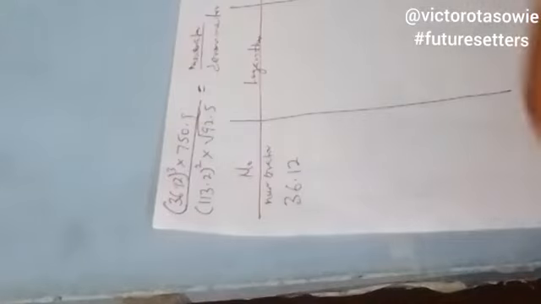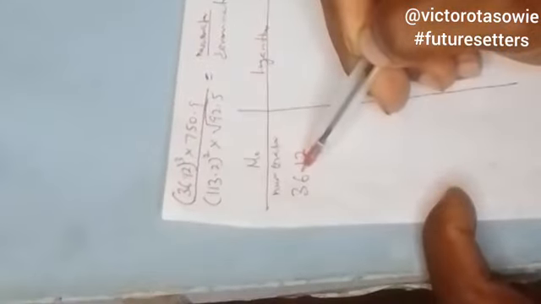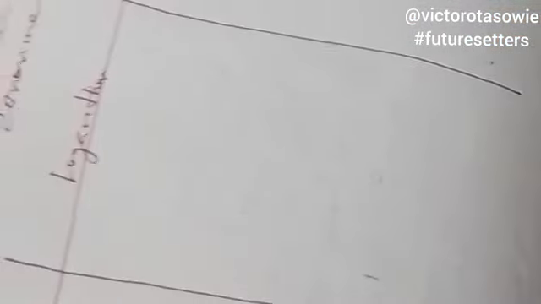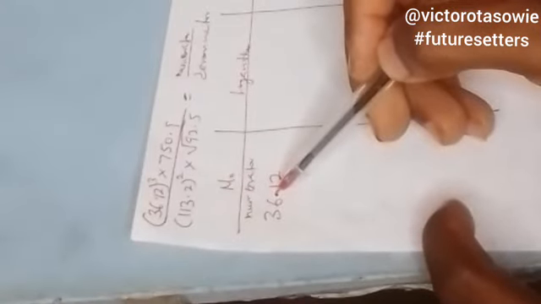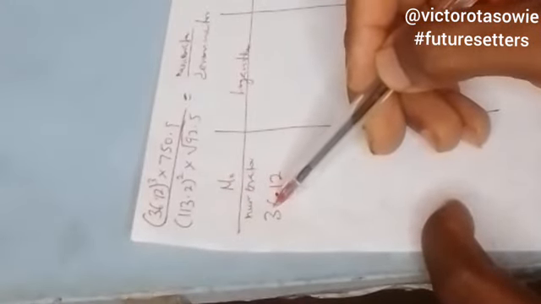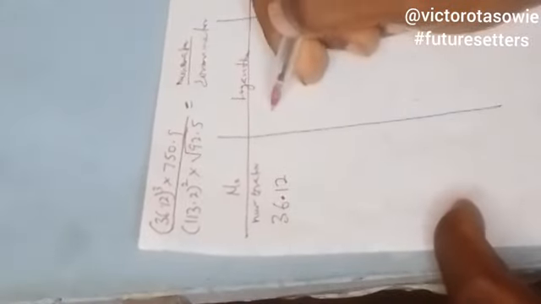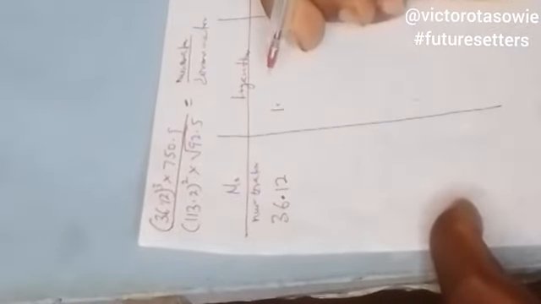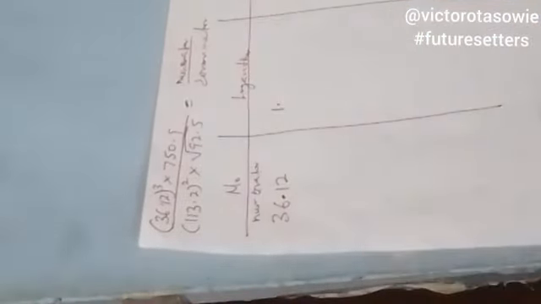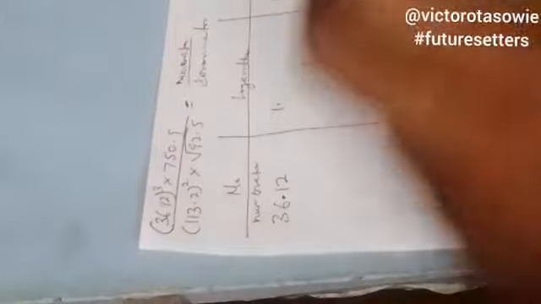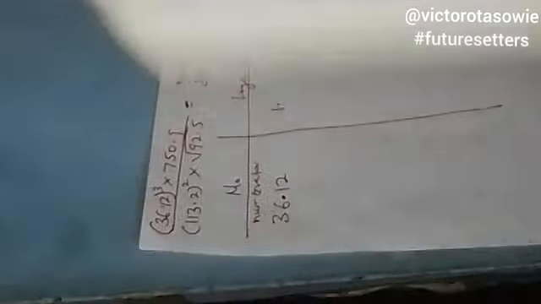You see the point is here, 36.12. So we are going to change it to standard form. That means the decimal point will come here. We are taking the decimal point backward by 1. So 36.12 becomes 1 point something, because it's going to be times 10 raised to power 1. So the logarithm there is going to be 1 point something.